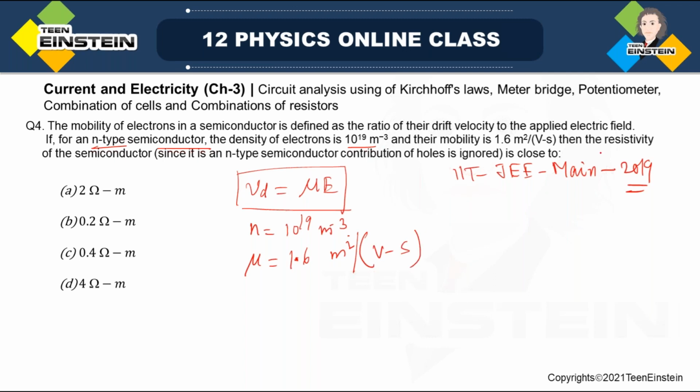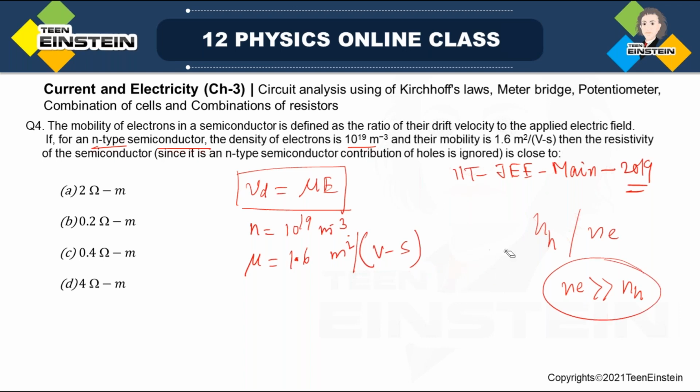Then the resistivity of the semiconductor you have to find out. Since it is an n-type semiconductor, the contribution of holes is small. A semiconductor has both hole density and electron density, but for an n-type semiconductor the density of holes is much less than the density of electrons.